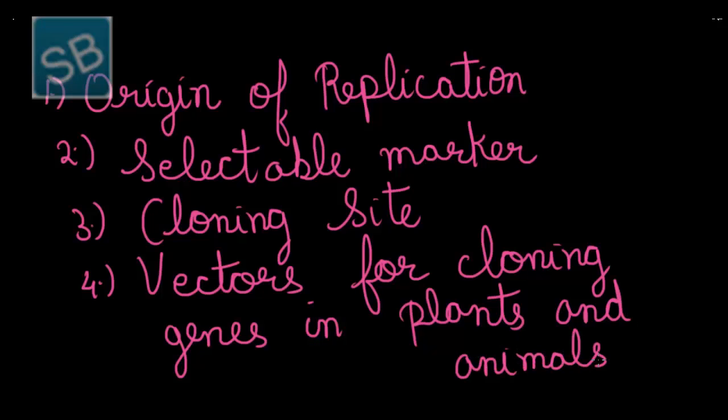Thus, these four can be considered the characteristic features that facilitate cloning with the help of vectors. Let us begin with origin of replication.